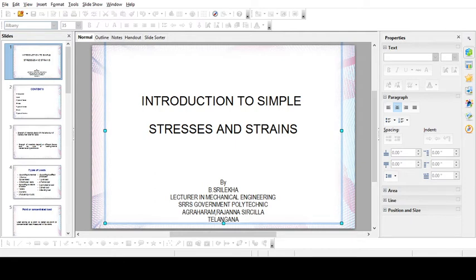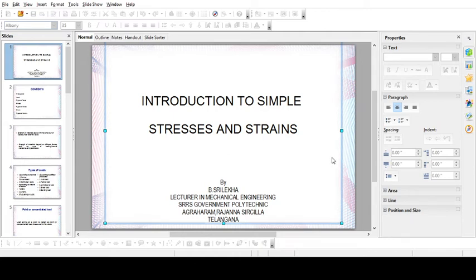Next, according to the effect produced after applying the load, according to the dimension in which the body is elongating, we have three types.